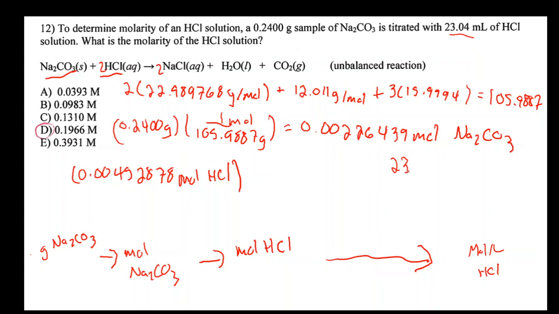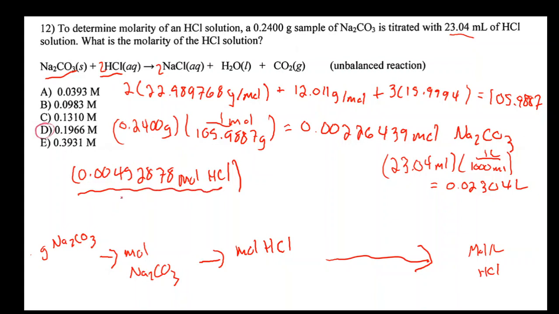So 23.04 milliliters, and remembering your conversions, there should be 1,000 milliliters for every 1 liter. So that would give us 0.02304 liters. So if we take the moles and divide that by the liters, that will give us an answer in moles per liter.